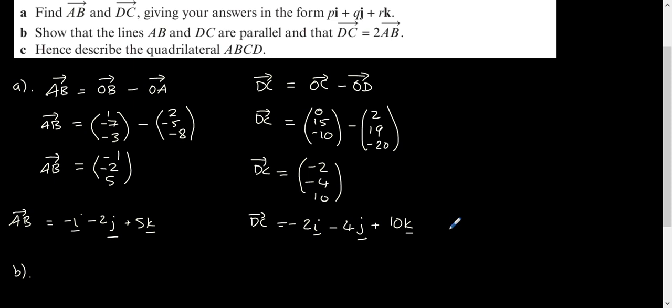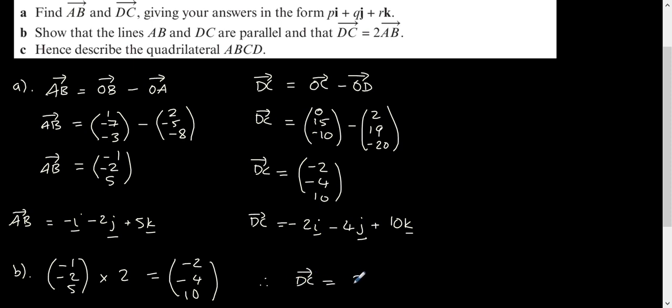So we can literally see it from the vectors. All I'm going to write for that is, we've shown that (-1, -2, 5) multiplied by 2 gives us (-2, -4, 10). Therefore, DC is 2AB. Okay, that's all we've got to do for that last one.